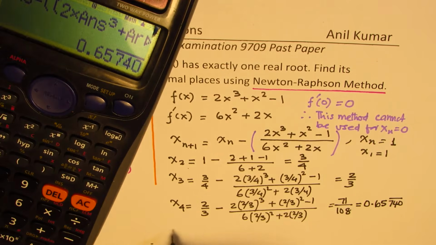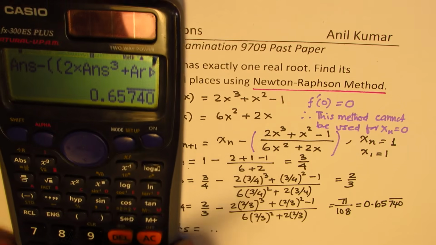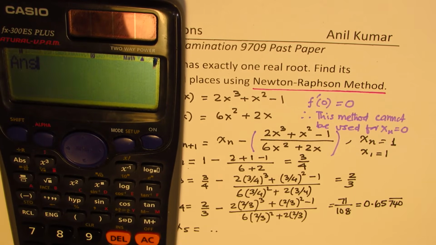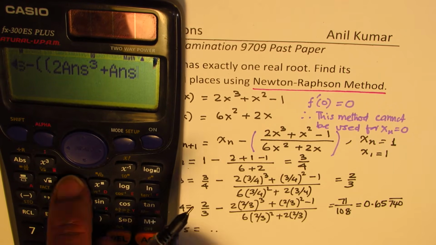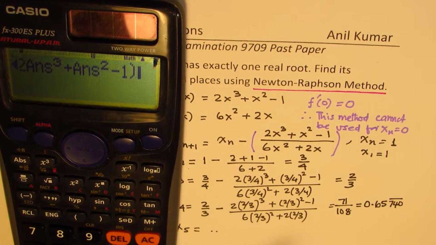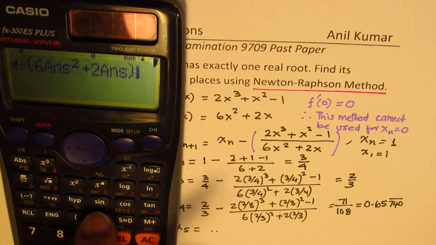Now let's try the next value, which is x5. So x5 will be this number, whatever we have. Let's do this calculation. I'm not writing it here now. So we get the answer minus 2 times answer cube plus answer square minus 1, bracket close, divided by 6 times answer square plus 2 times answer, bracket close, equals.